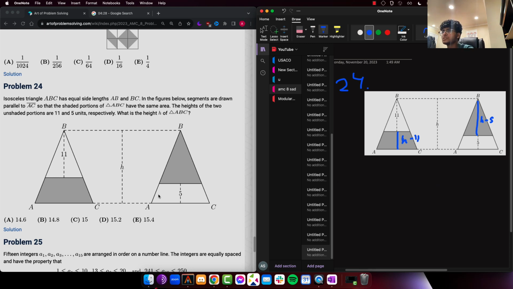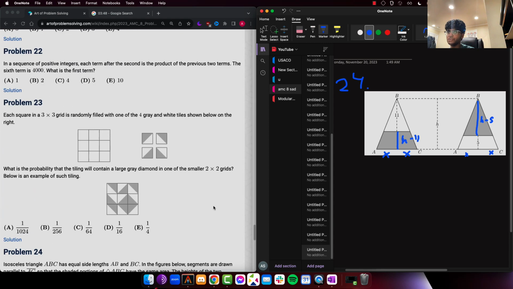Okay. Yeah, okay. This looks like the Pythagorean theorem to me. I don't know if I have time for that right now. What else? Can I do any of these other ones?